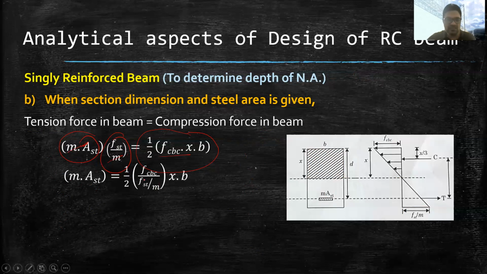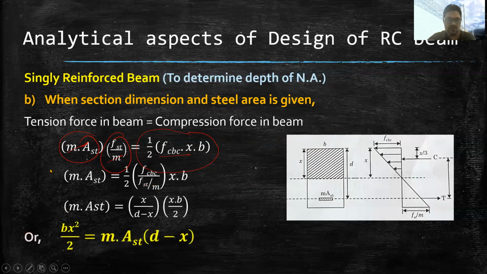After rearranging, the final equation becomes this one, which is bx square by 2 equals M into AST bracket D minus X. You can see how it is being rearranged. Now this bx square by 2 is actually B into X multiplied by X by 2.